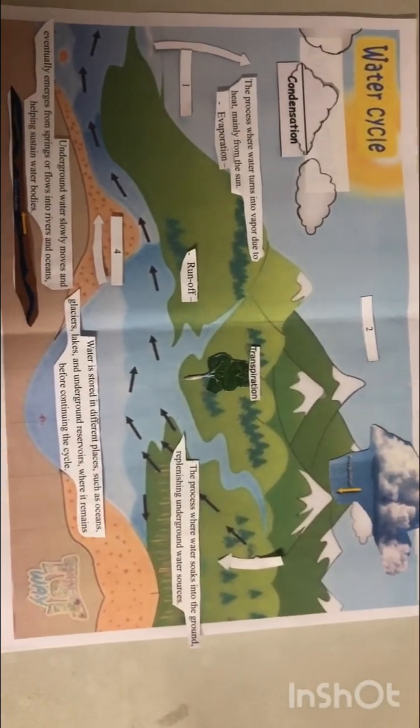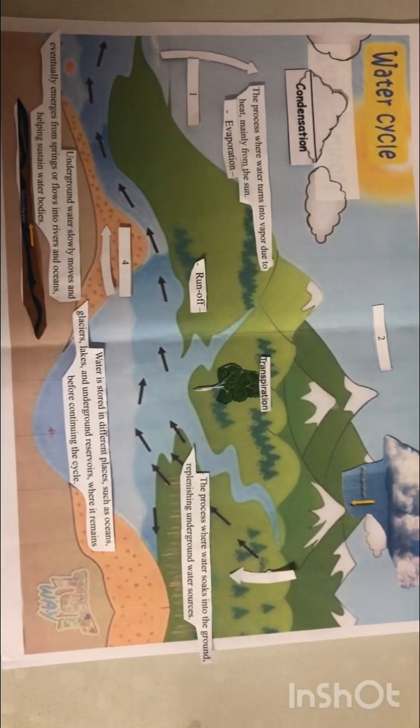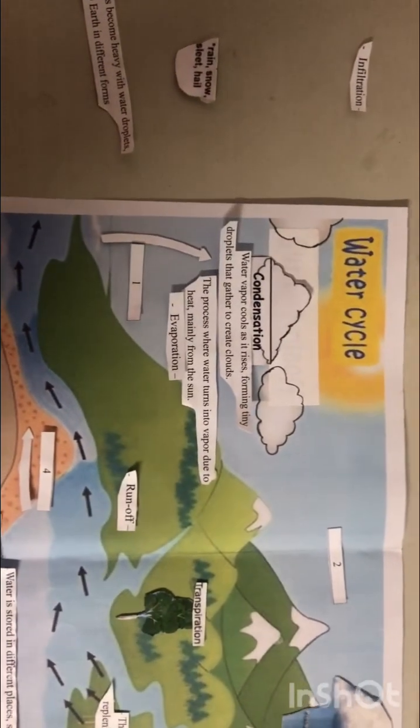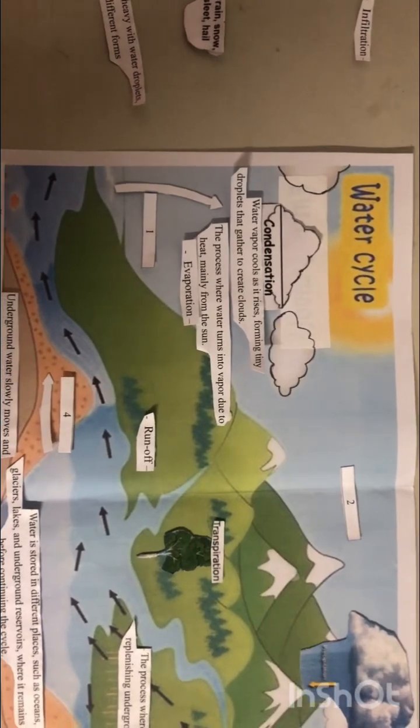And then we are going to proceed to condensation. We're going to have to look for the definition. All right, so the definition obviously is going to be this one: water vapor cools as it rises, forming tiny droplets that gather to create clouds.